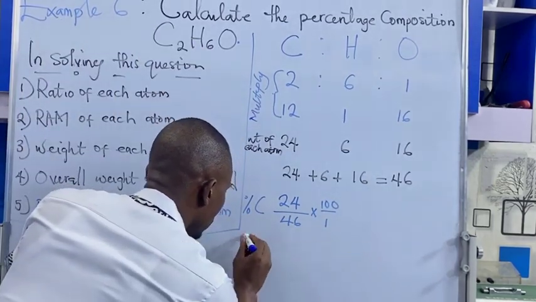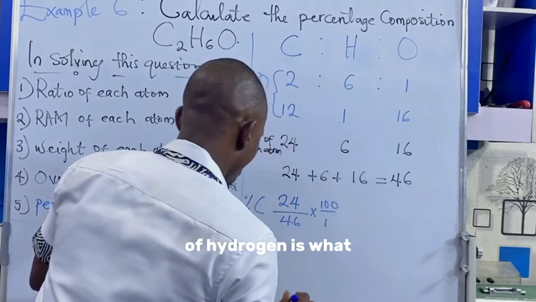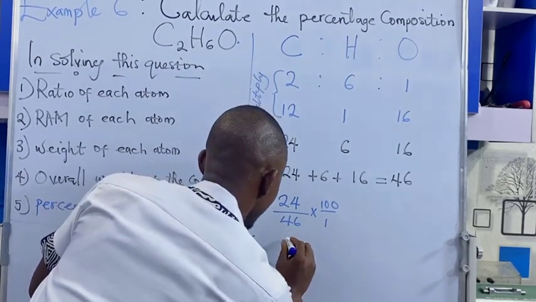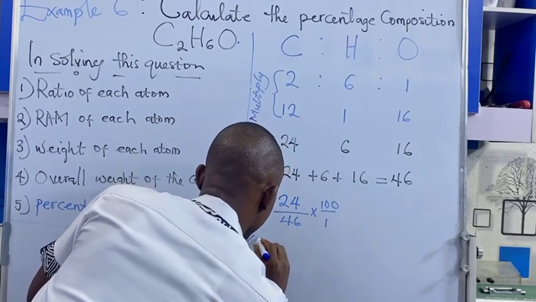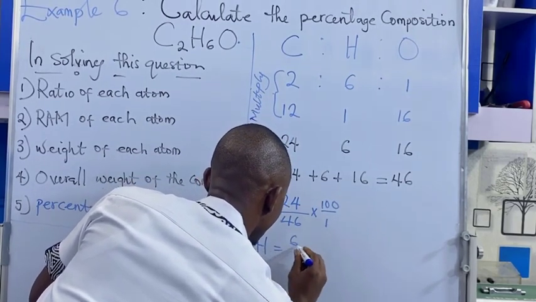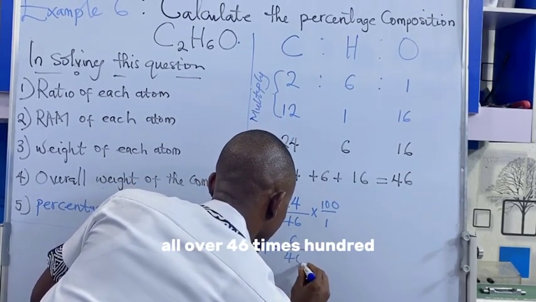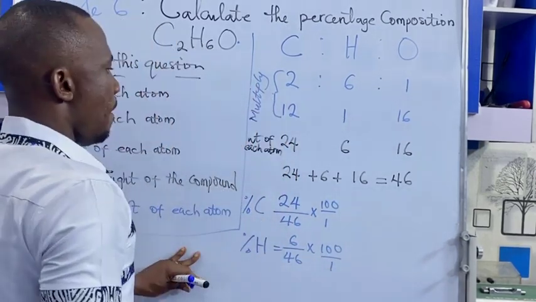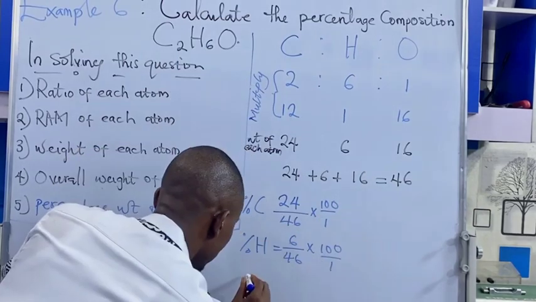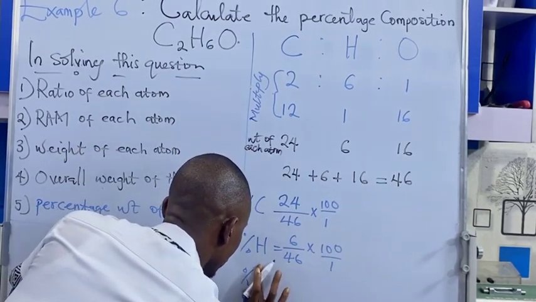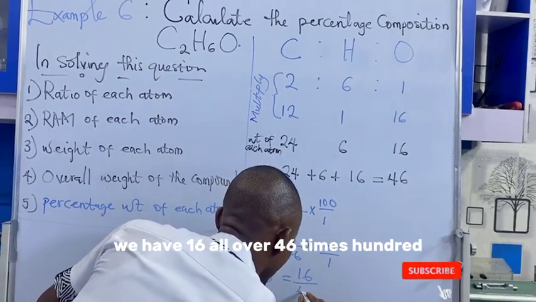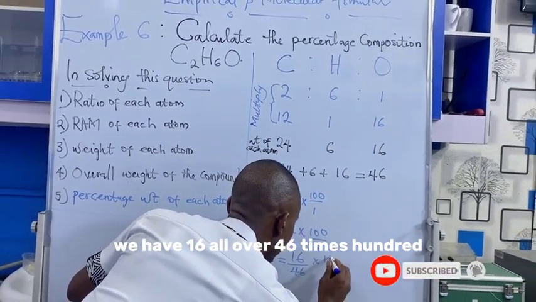Percentage composition of hydrogen is 6 all over 46 times 100. Percentage composition of oxygen, we have 16 all over 46 times 100.